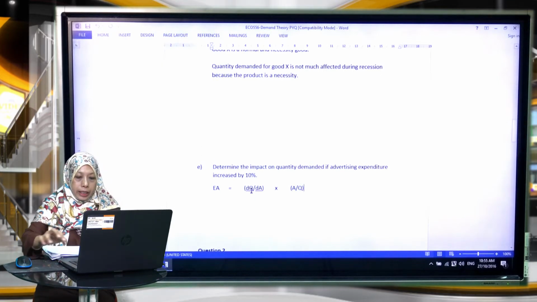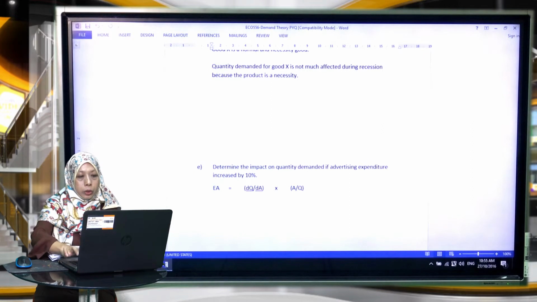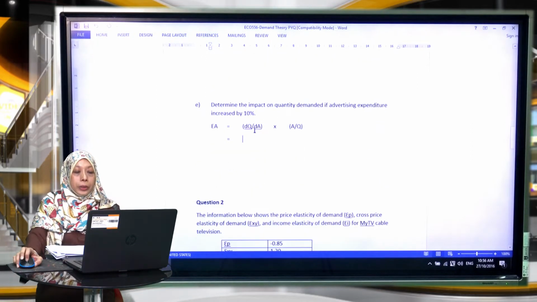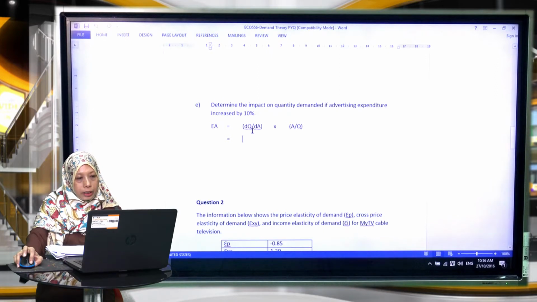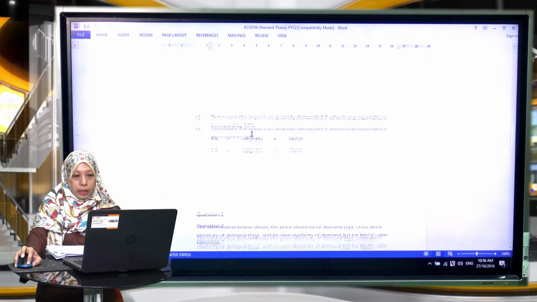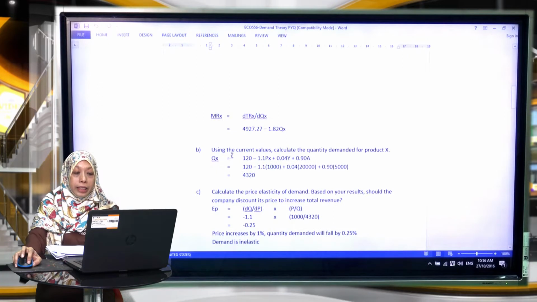So dQ/dA simply means that you need to differentiate your demand function. So this is your demand function. If you want to find dQ/dA, this simply means that you have to differentiate the demand function with respect to A, so all the other variables you have to assume as constant.